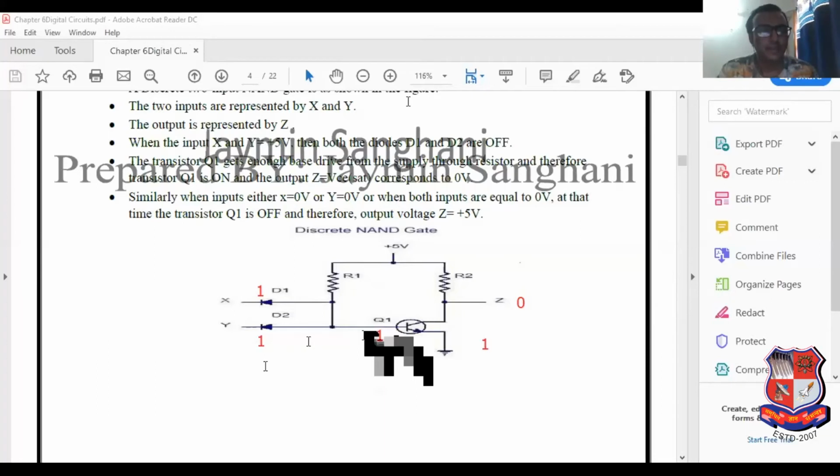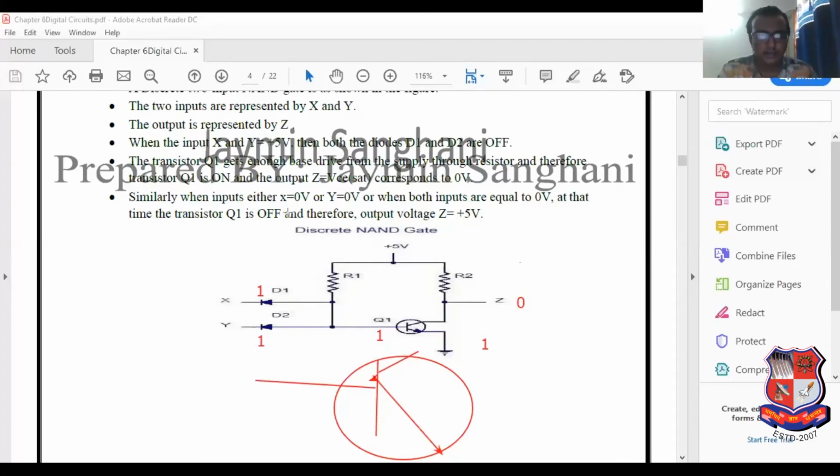I have also explained this particular concept with the help of a transistor. See this. Here we apply 0 volt. Here is the symbol of the transistor that I have sketched. This is the base terminal, this is the emitter terminal, and this is the collector terminal.